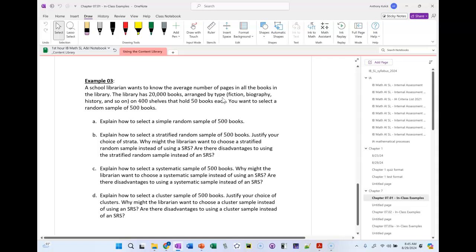So to pick your fiction strata, they're just going to be on the same set of shelves all in a row. You go to your next set of shelves for biographies, so you don't have to walk back and forth across the entire library searching. It's just less work for the librarian to track these things down if they're all in a group. Does that make sense?